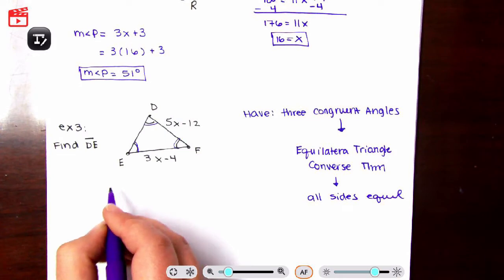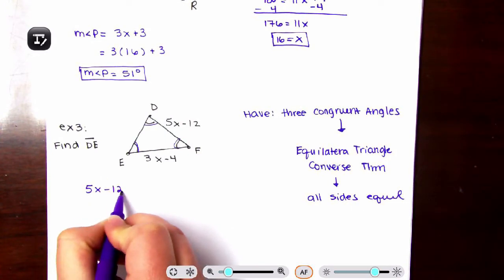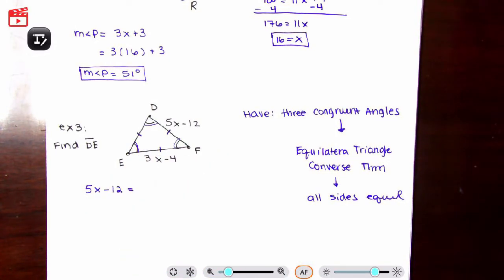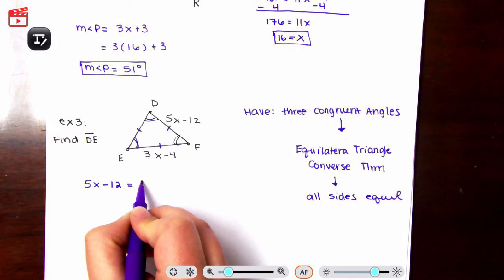Okay, so then because all sides are equal to each other, 5x minus 12 is the same measure as 3x minus 4. So we set them equal to each other.